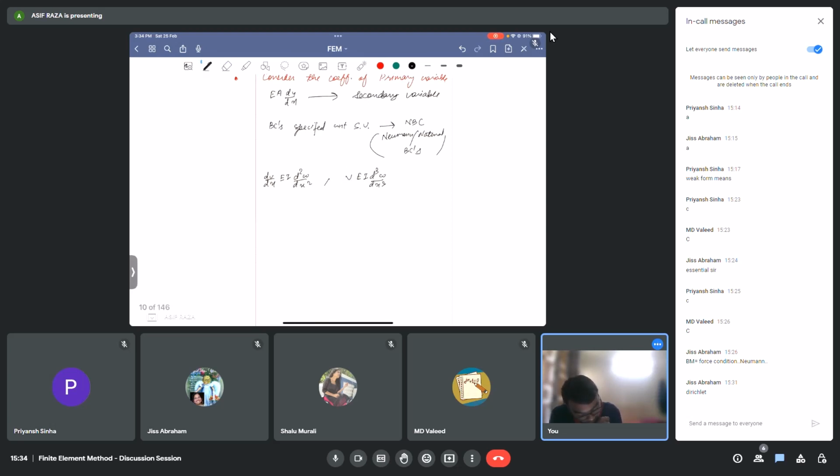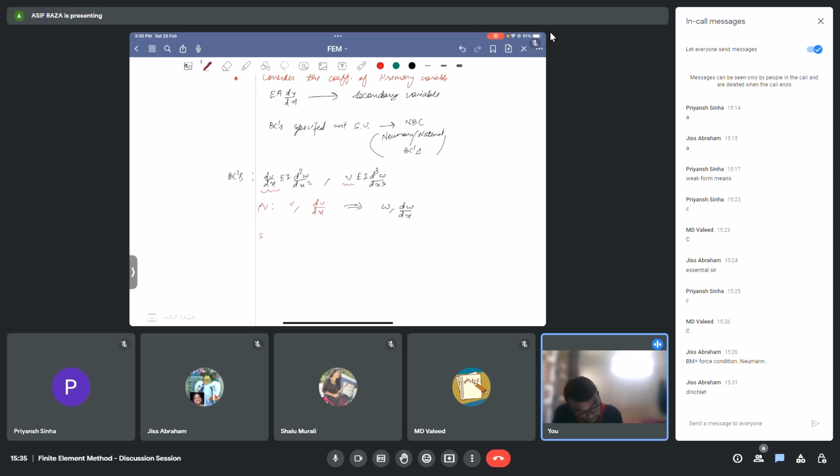So these will be the boundary conditions pertaining to this. The weight functions are v and dv by dx, so the primary variables, in terms of the state variable in consideration, will be w and dw by dx, that is displacement and slope.